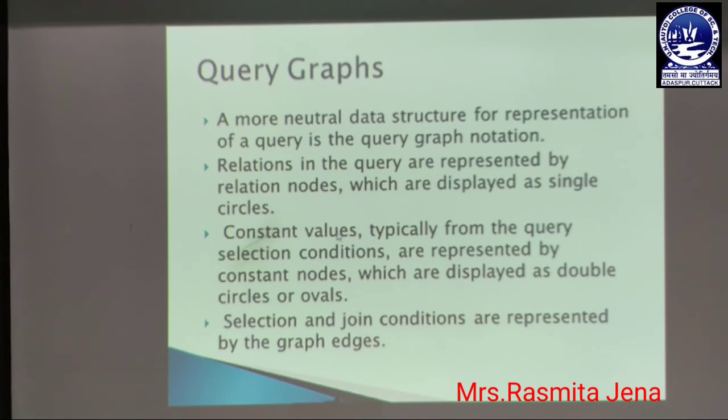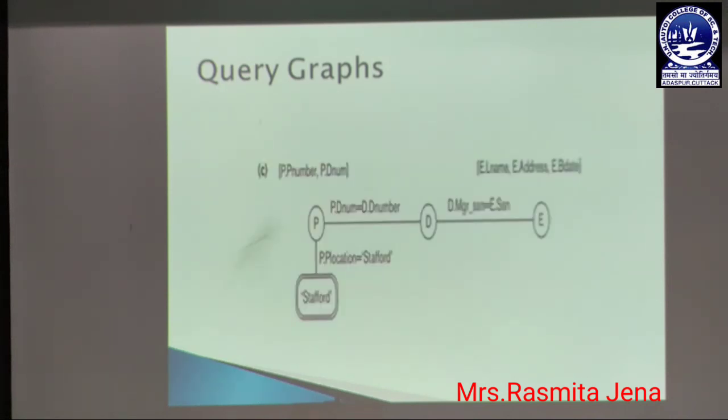The constant values, typically from the query selection conditions, are represented by constant nodes, displayed as double circles, or ovals. The selection and join conditions are represented by the graph edges. Let's see the query graph for the given query.